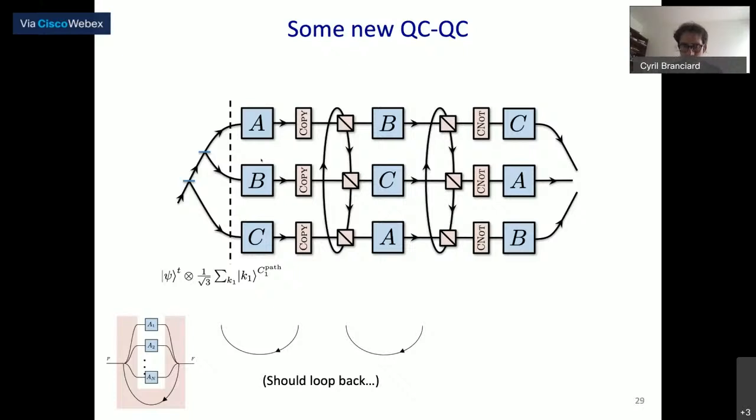What's interesting here is that these act on some target system, and the target system gets copied onto the polarization, which will decide via these polarizing beam splitters which operation will come next.